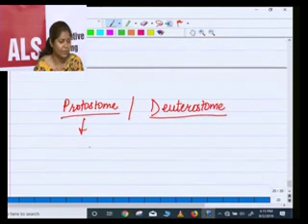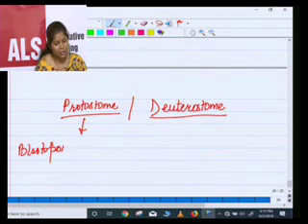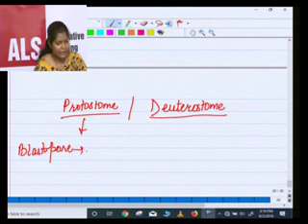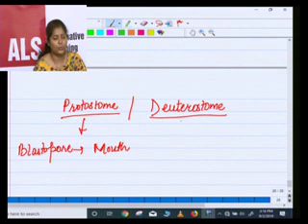Protostome is where the blastopore is the particular structure present in the blastula, just a small pore-like structure. If the blastopore develops into mouth, the animals are said to be protostome.